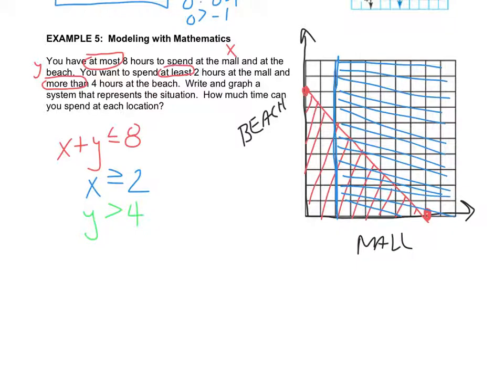And then the last one, y is greater than 4. So again, that's going to be a horizontal line with a dashed line at 4. So it would look like this. First, greater than would be going up, and I'm going to try to do a little bit of a different pattern there.